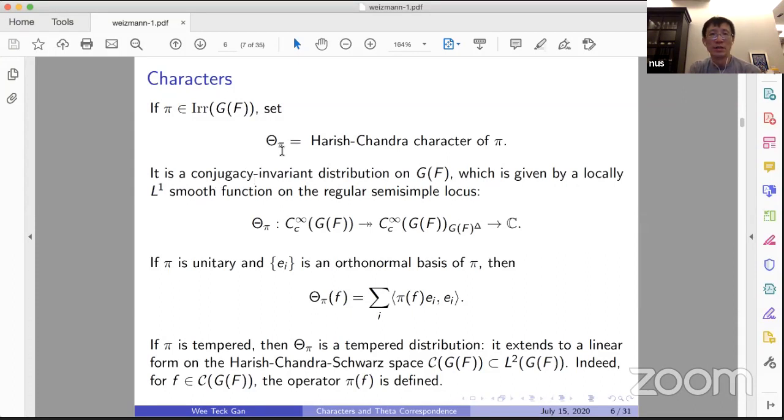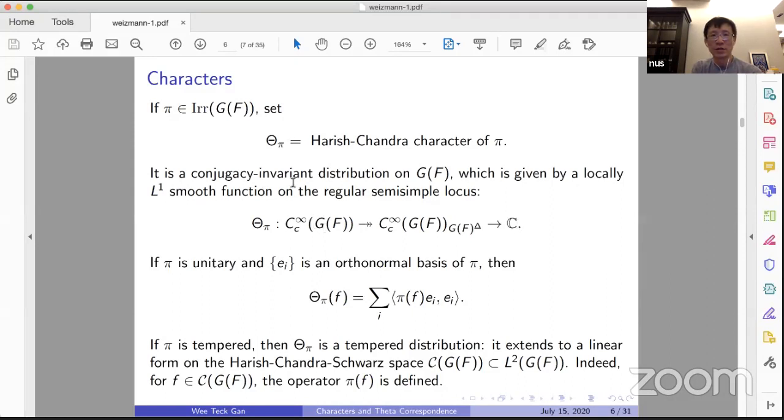It is a conjugacy invariant distribution on G(F), but it essentially is given by a function on the regular semisimple locus. In other words, theta of pi, the Harish-Chandra character, is a continuous linear form on the smooth compactly supported functions on G(F) to C.